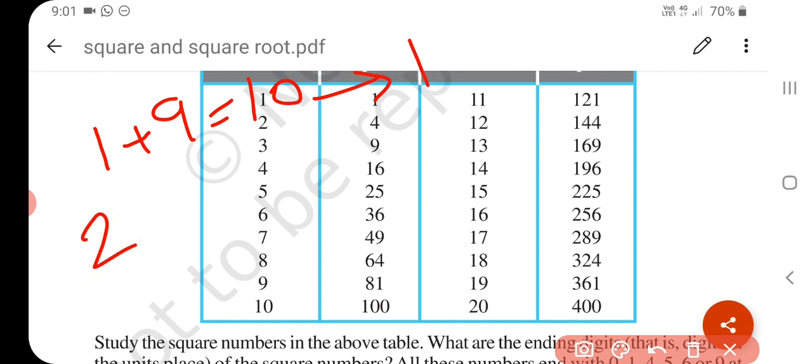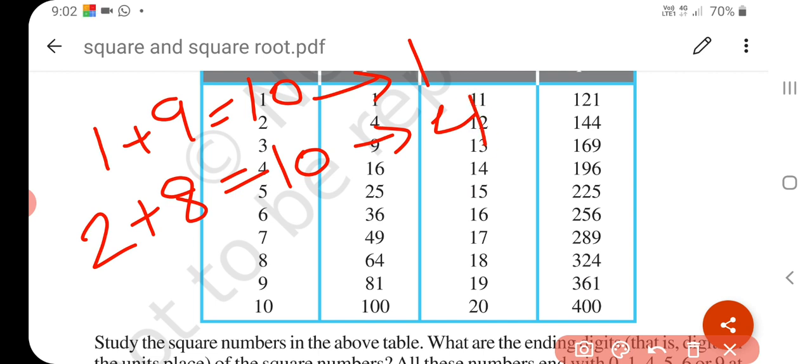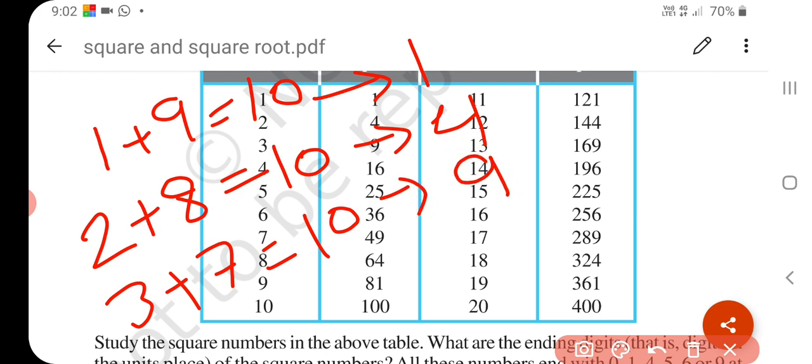Then you can see this: whenever the number ends with 2, you get 4, and whenever the number ends with 8, you also get 4. So you can remember 2 plus 8, that is 10, ends with 4. 3 plus 7, again 10, and 3 threes are 9, and 7 sevens are 49.